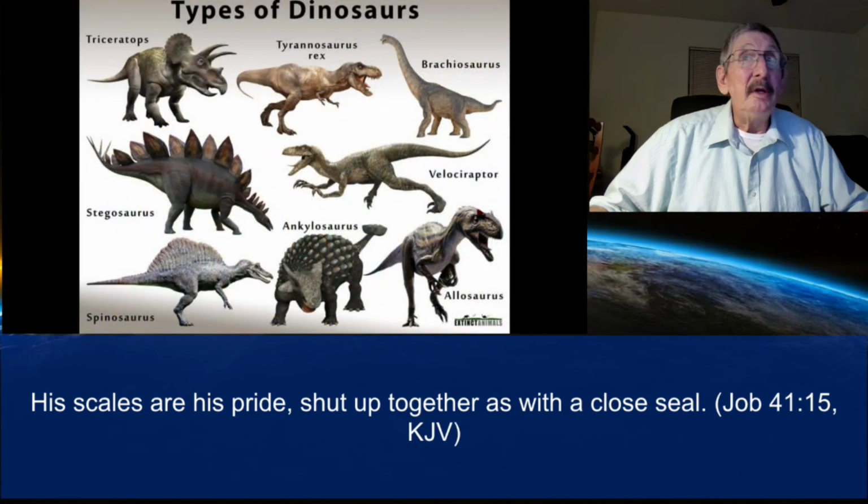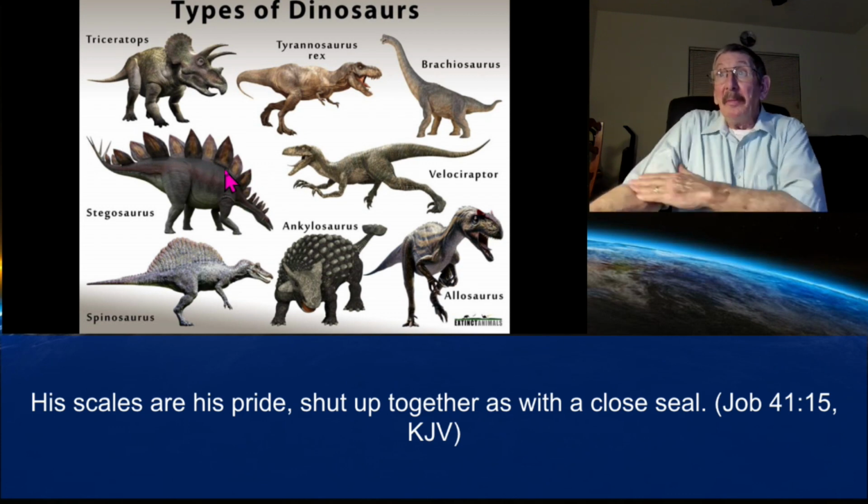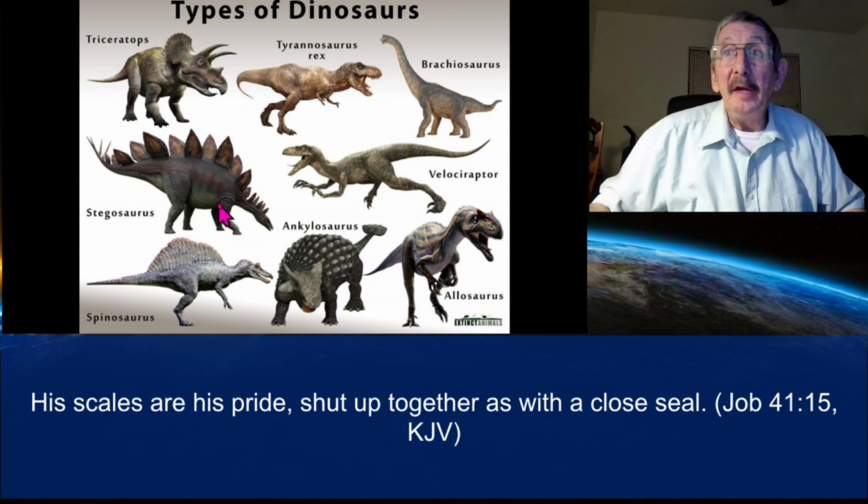Let me just bring this picture up. And that's this one here, because it was talking a little bit about these scales on the back. I thought it might be talking about this one also. But again, realize that all we can find is bones of these, so what their skin actually looked like is speculation.